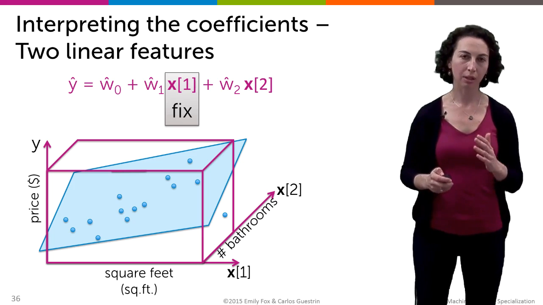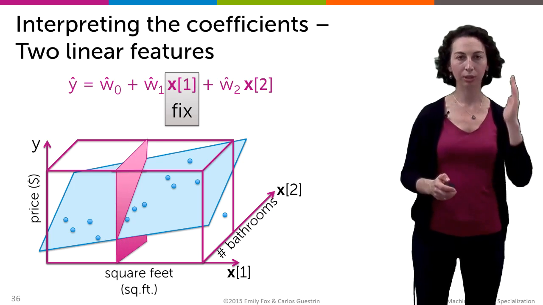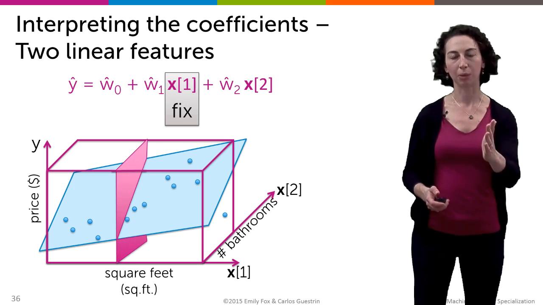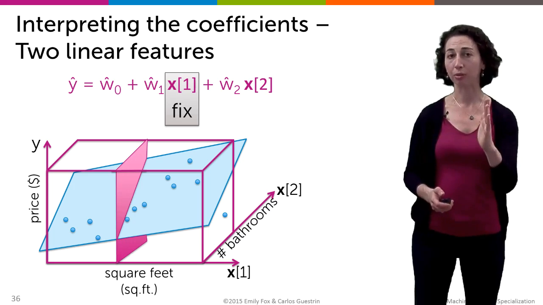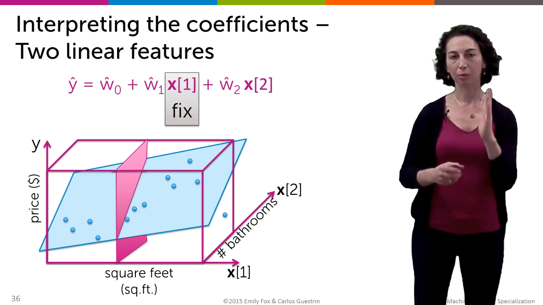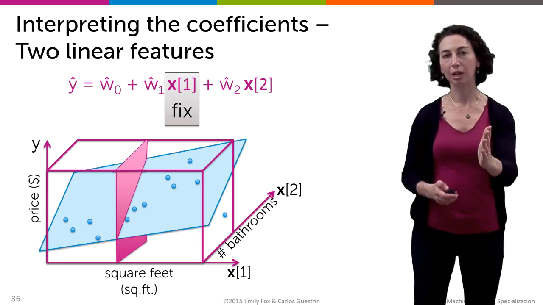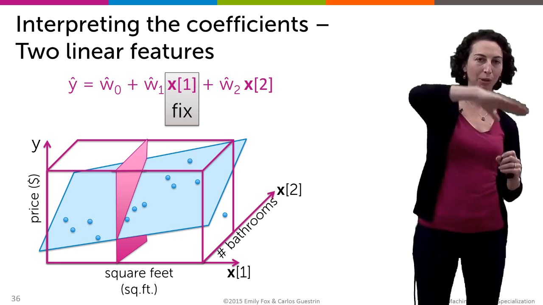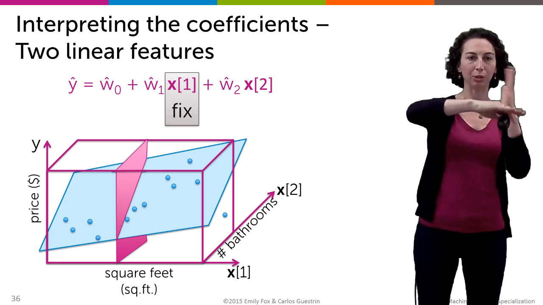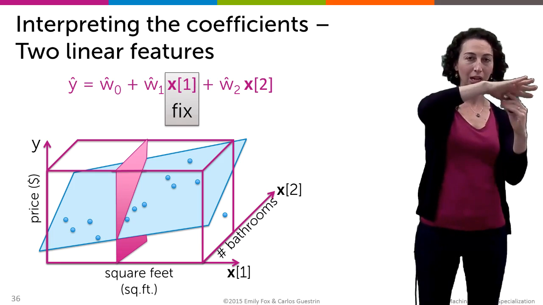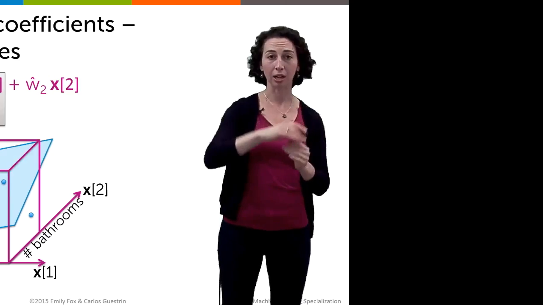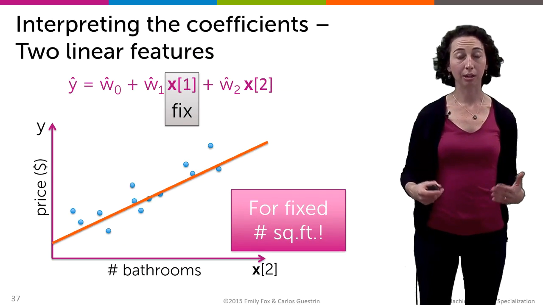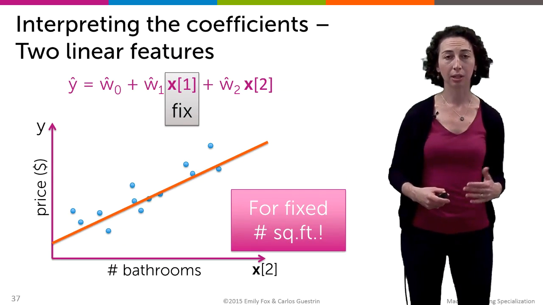If we fix the number of square feet, that's equivalent to taking a slice through this space for however many square feet we're looking at. There's this hyperplane living here in 3D space. We take a slice, and once you slice that hyperplane, you just get a line. So that's this line here for a fixed number of square feet.